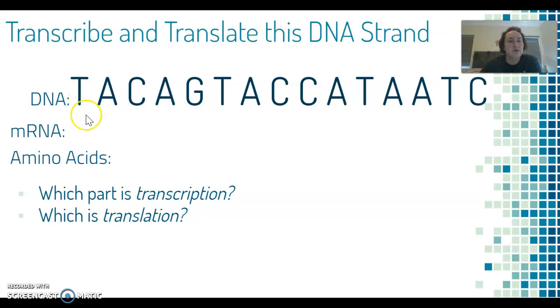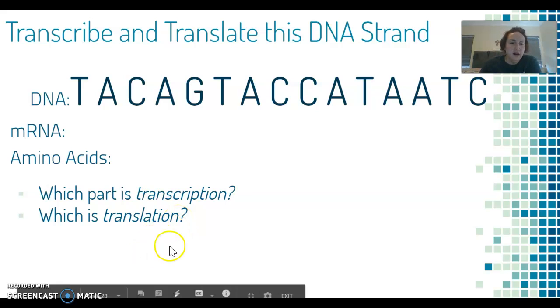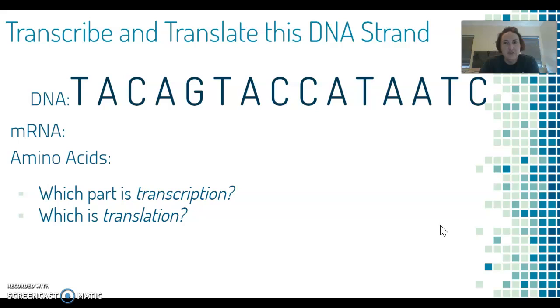So like this first one, if this is T, then this is going to be A, and then A would be U, and C would be G. Okay, and then what you're going to do is look up the mRNA codon on that amino acid chart and write down the first 3 letters of those amino acids. And then figure out which part is transcription and which part is translation. So take a minute, pause the video, and then come back and look at the next part of the video, and I will show you the actual answers.